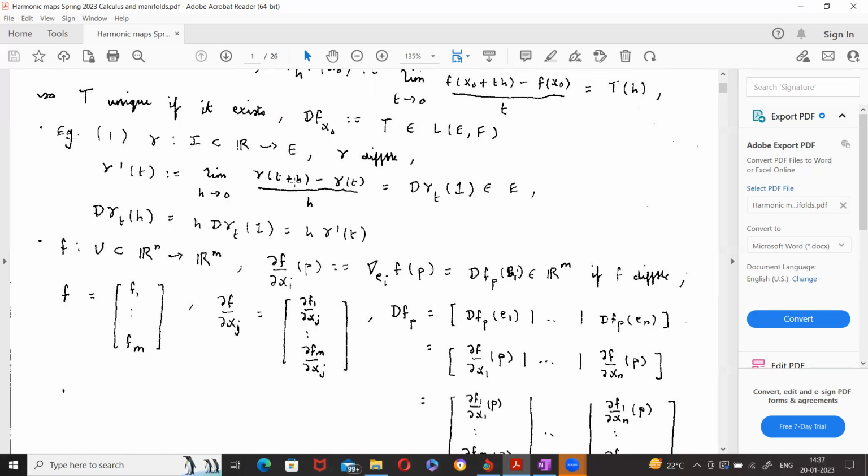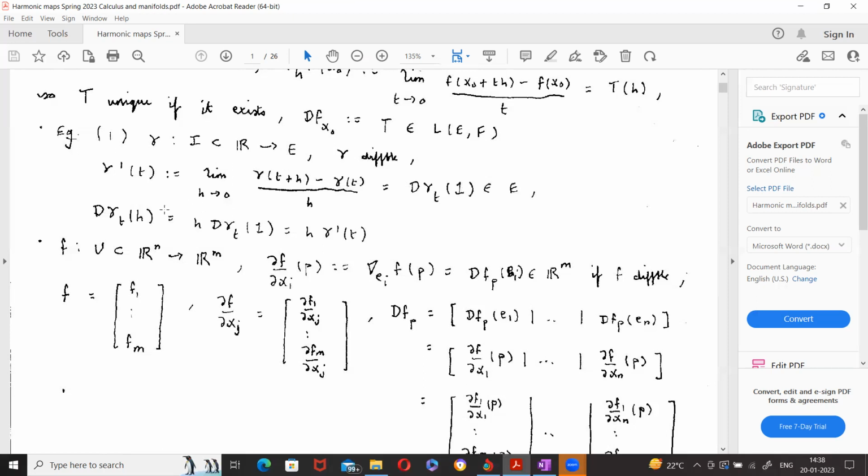This limit is taken in the vector space E. This limit exists and equals the derivative d gamma at the point t applied to the vector 1. Remember, d gamma at t is a linear map from R to E. So that acts on the vector 1 in R to give you an element of E.